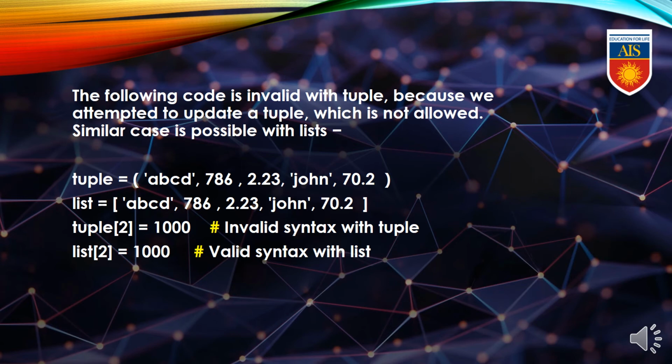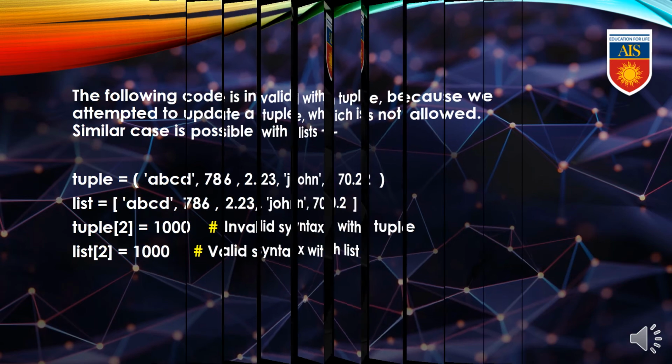That means tuple[2] = 1000 is going to be invalid because we are going to change the element at the second index. According to the rule, a tuple is immutable, so we can't do this. But a list is mutable, so we can do this. That's why it's valid for a list.